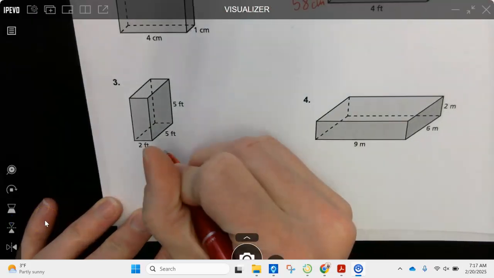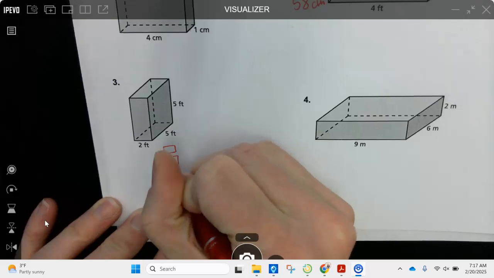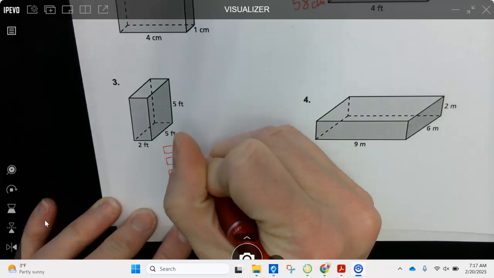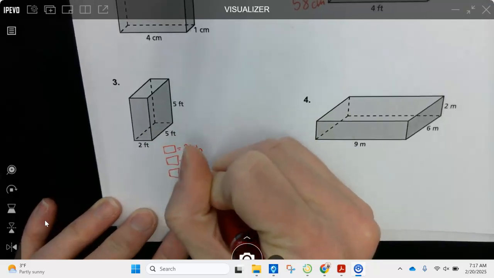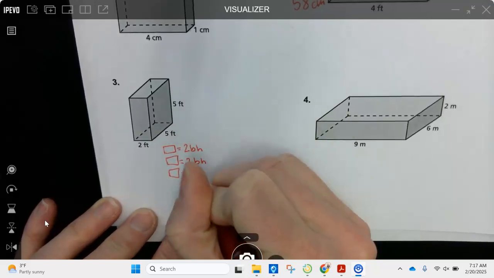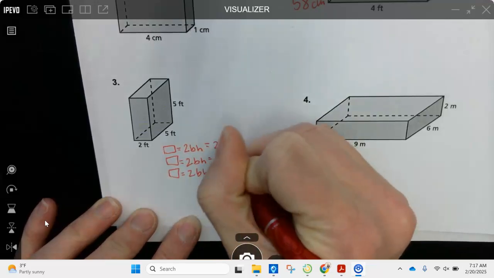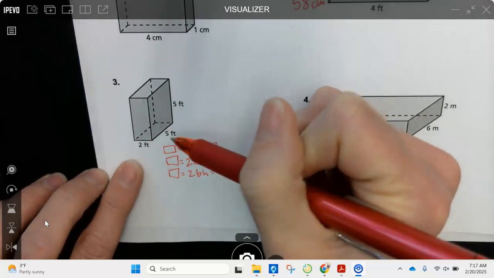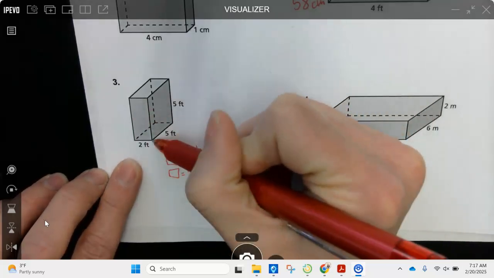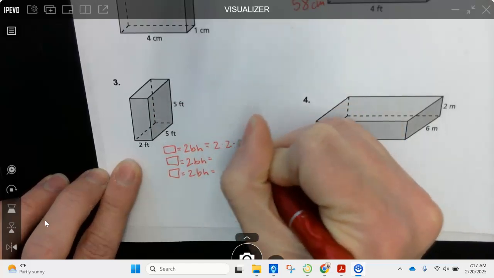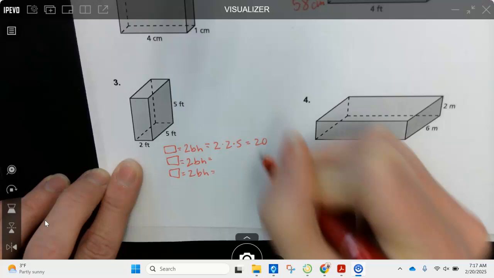All right, for our next one, again, we have 3 rectangles, and each of them is repeated twice. We have the front and the back, the top and the bottom, and the left and the right side. If we're doing the front and the back, the front would be 2 by 5, so 2 times 2 times 5, which gives us 20.